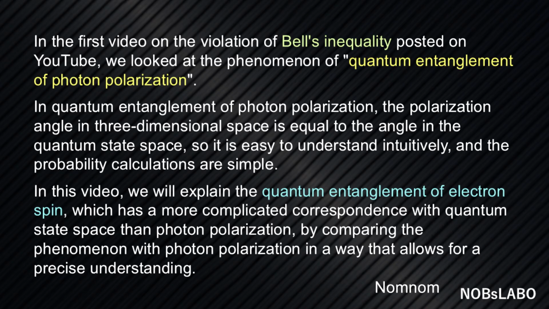In this video, we will explain the quantum entanglement of electron spin, which has a more complicated correspondence with quantum state space than photon polarization, by comparing the phenomenon with photon polarization in a way that allows for a precise understanding.